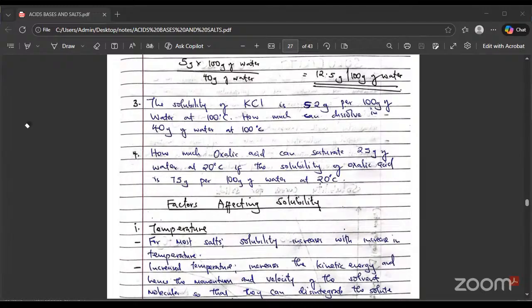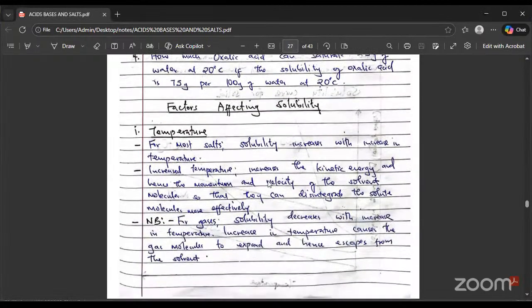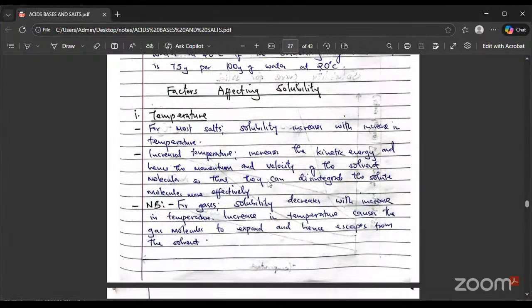So we go now to the factors affecting solubility. We have 2 main factors that affect solubility. I wish we could be having a lab session, so that these are very easy to explain when you are seeing it.